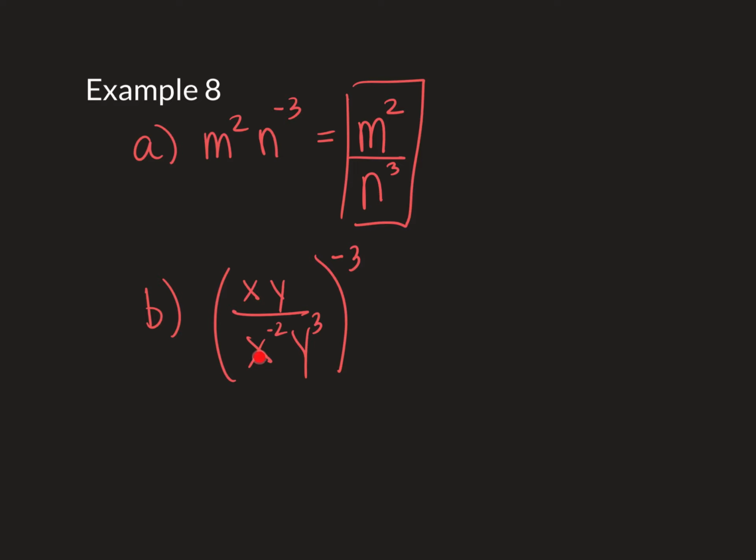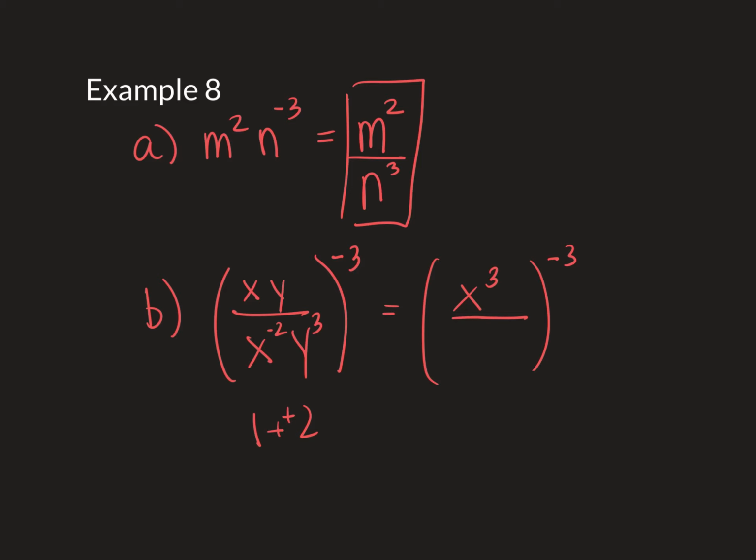Where is my x's exponent the biggest? In the numerator, so x remains in the numerator. We'll keep that negative 3 on the outside. 1 minus negative 2 is 3, x to the 3rd.